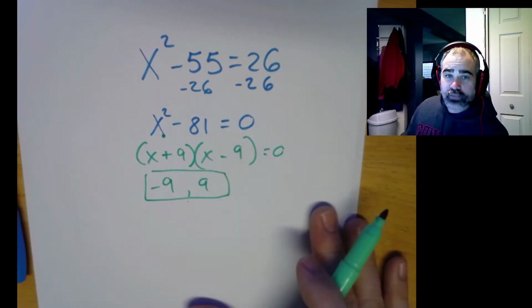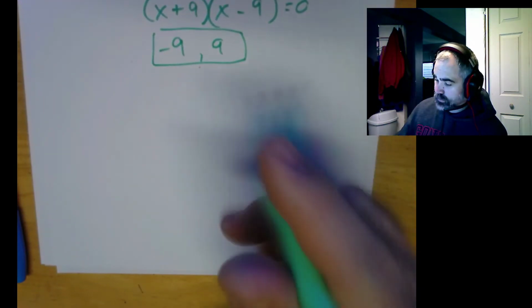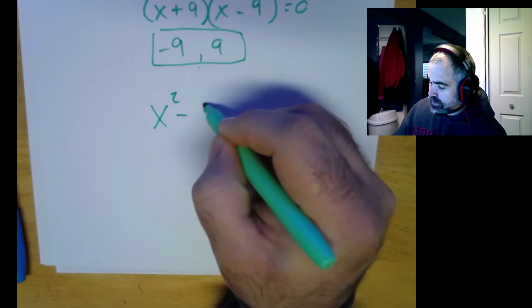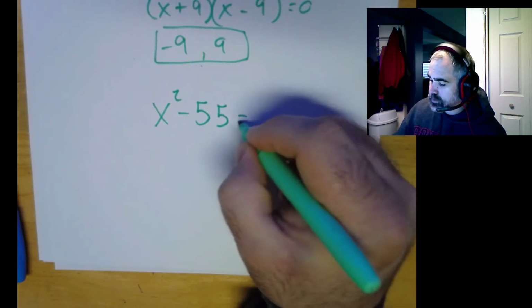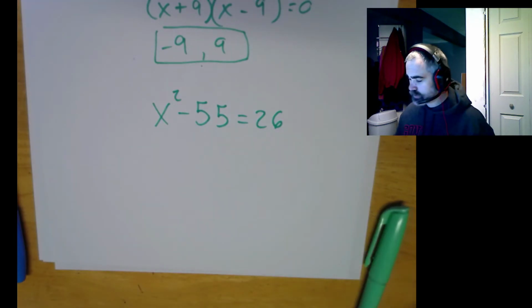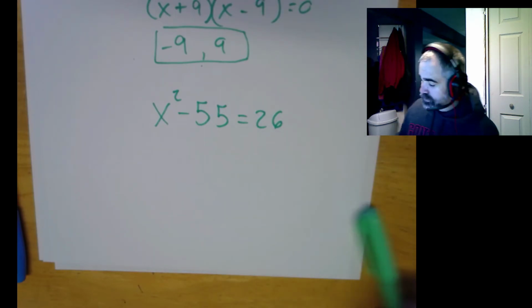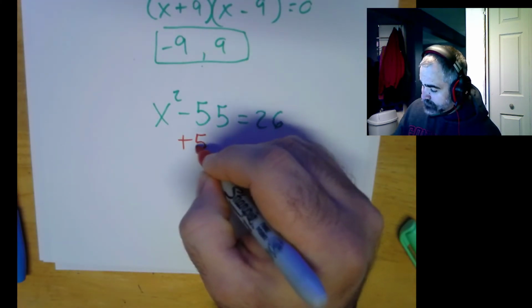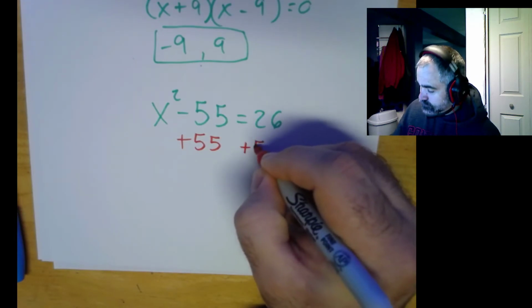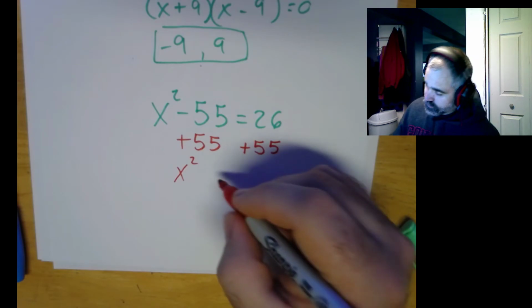Okay, that's one way to solve it. The other way to solve this, same exact question, is to think about it in terms of algebra, and we can do the opposite. Okay, so what we did before is in something in standard form, we just solved it with algebra. So I'm going to actually add 55 to both sides here. You have x squared equals 81, and you can take the square root of both sides.